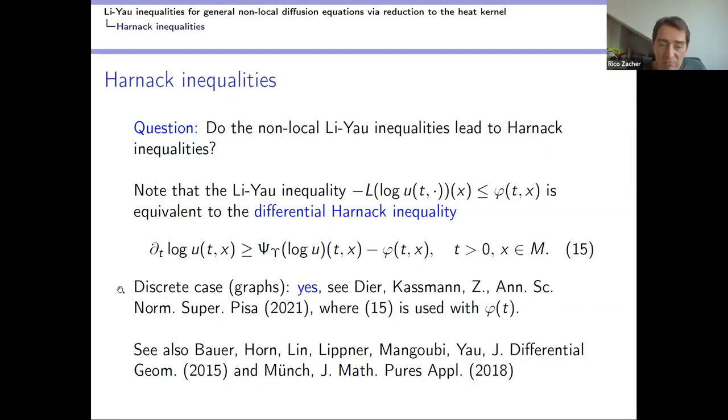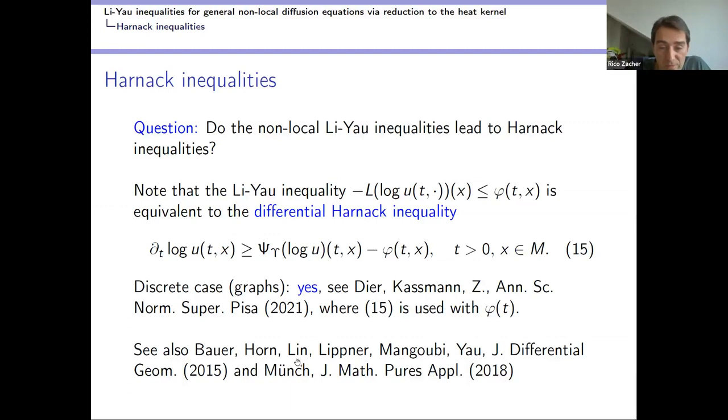But there were already some positive results in the discrete case. When we look at diffusion on graphs, it was shown that indeed you can use such inequalities to prove Harnack type estimates. So this is a good structure. In this connection, I would also like to mention these 2 papers.